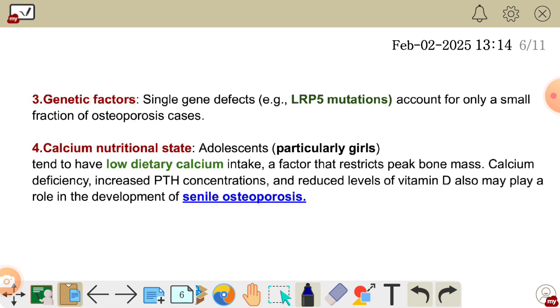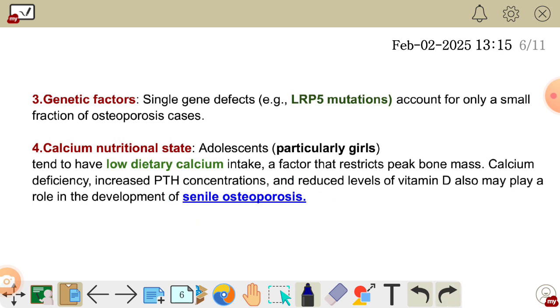Then another pathogenesis is in terms of calcium nutritional state. We know that if you reduce intake of calcium, which is involved in bone formation, you get calcium deficiency. Apart from calcium deficiency, increased parathyroid hormone concentration and reduced levels of vitamin D may also play a role in the development of senile osteoporosis.